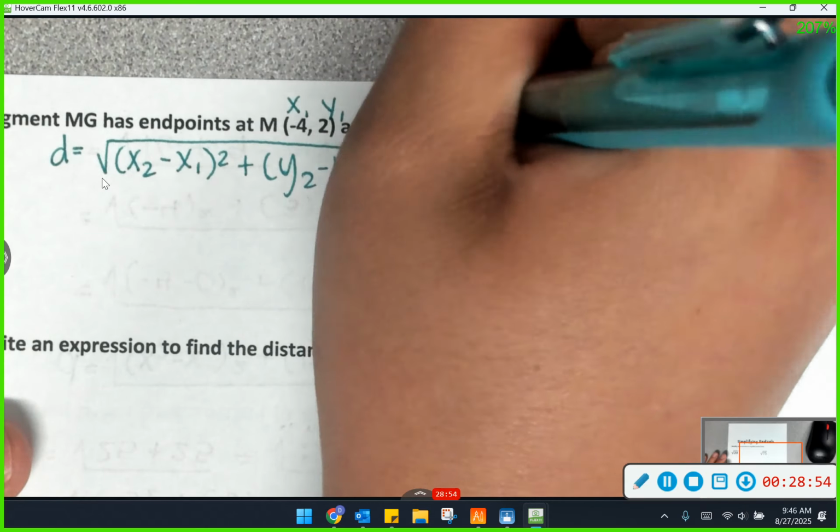That is 0 squared. Plus, what is negative 4 minus 2? Negative 6 squared. And that gives me the square root of 36, which is 6. 6 is my answer. So for these last 2 problems, the reason you didn't need a calculator is there was no decimal.